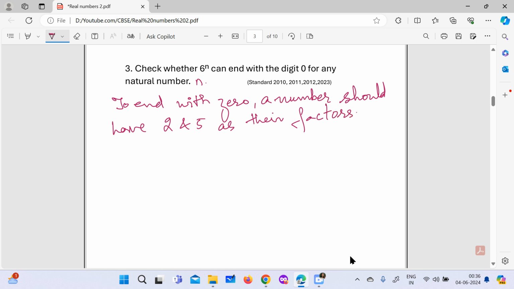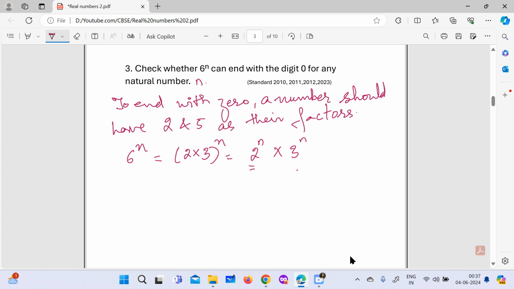Okay, now we will factorize 6 to the power of n. When we factorize 6 to the power of n, we will write it as 2 times 3 to the power of n, which is nothing but 2 to the power of n times 3 to the power of n. Okay, so there is no 5. We can only find 2 and 3 here.